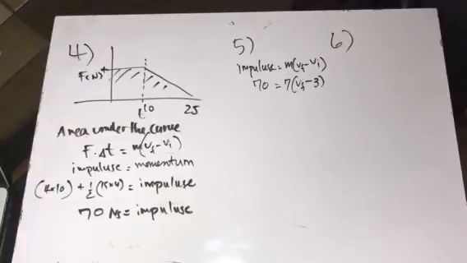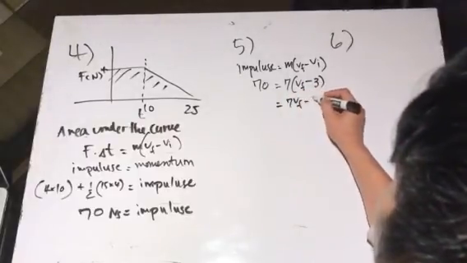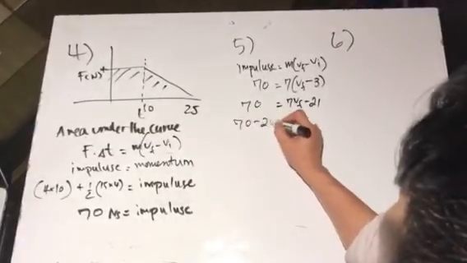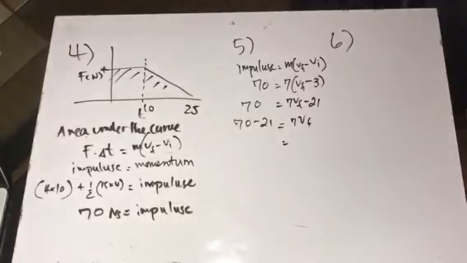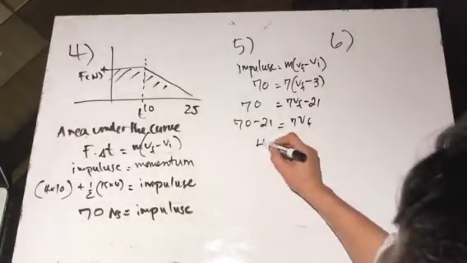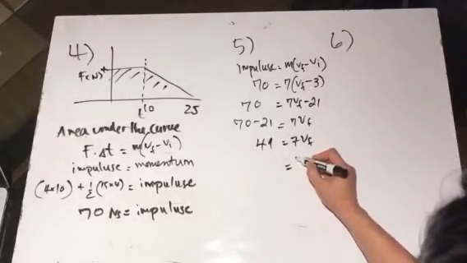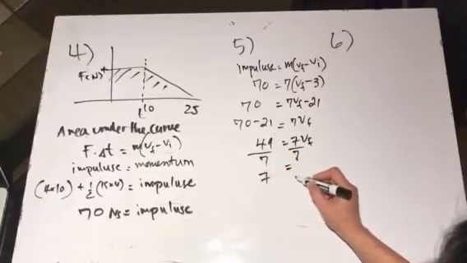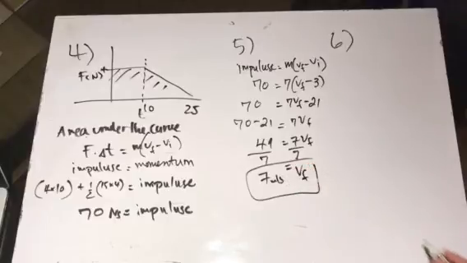Velocity initially was only 3 meters per second, so you have to do the math right here. So that would be 7 Vf minus 21 equals 70. So 70 plus 21... 49 is 7 Vf, divided by 7, divided by 7. So your final velocity is actually 7 meters per second.